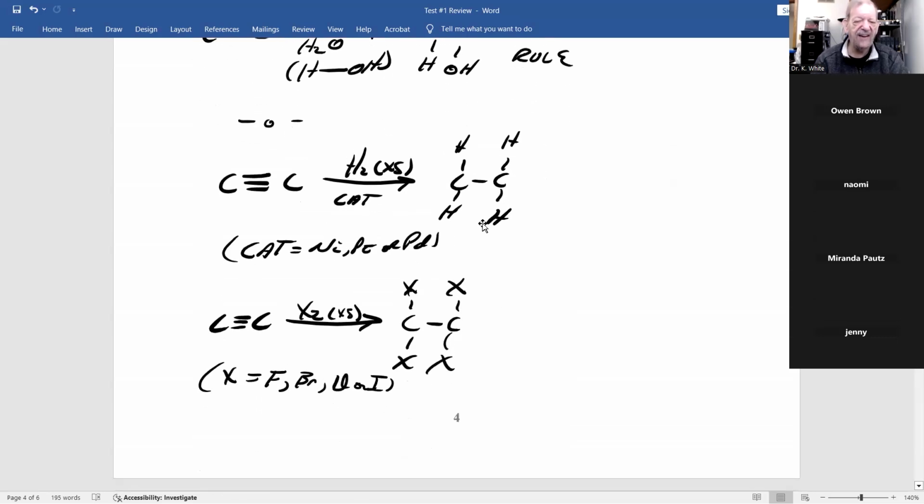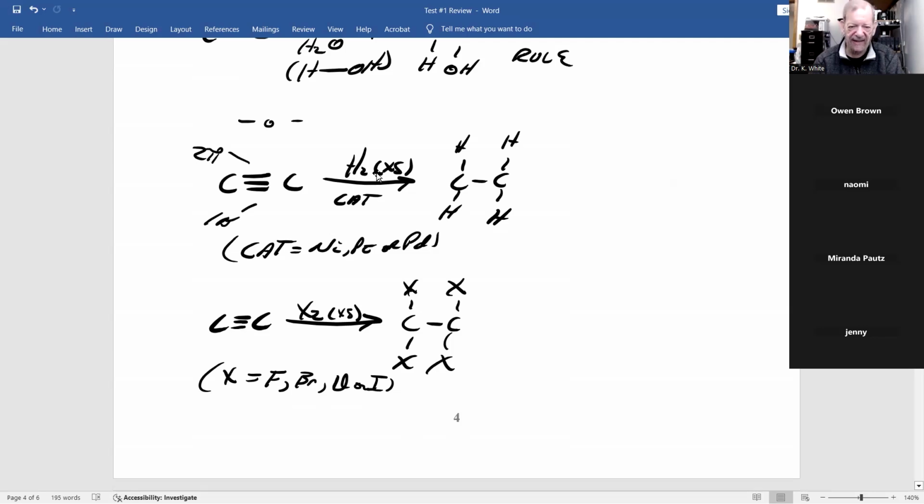All right, now let's look at triple bonds. A triple bond has 2 pi bonds and 1 sigma. The sigma you don't break, the pi bonds you can break like that. And here, when you add hydrogen, since organic chemists are lazy, and we are, and we don't want to balance the equation, you need more than 1 mole of hydrogen for this reaction.